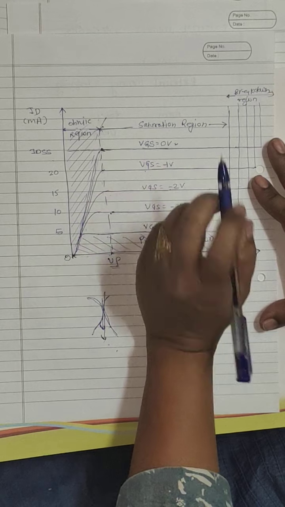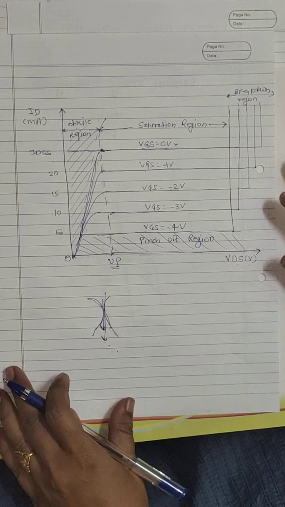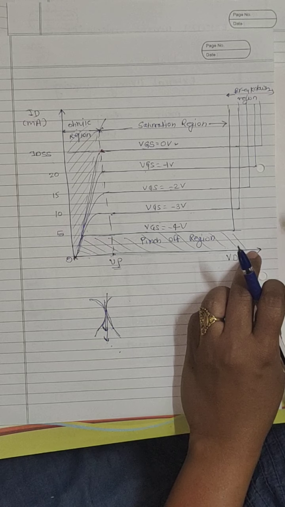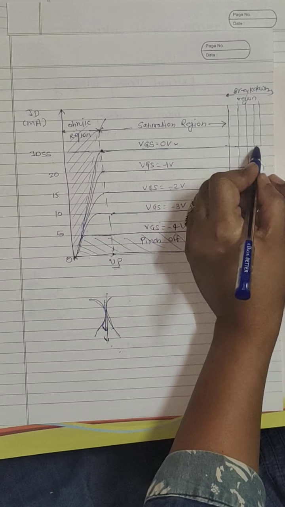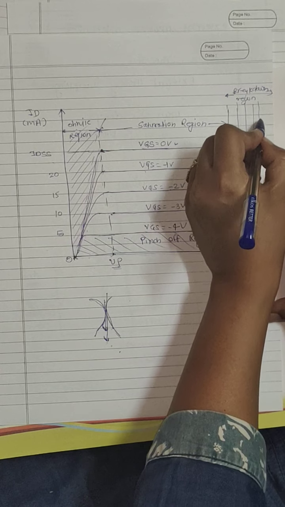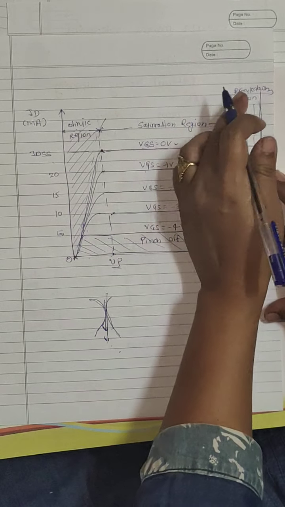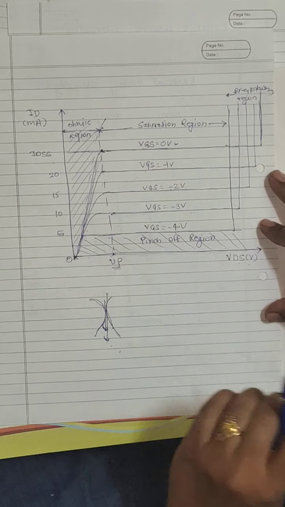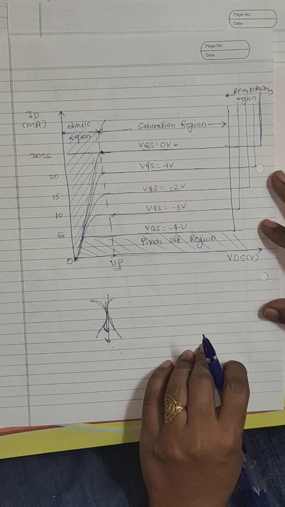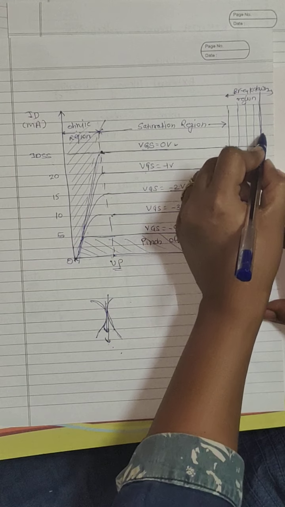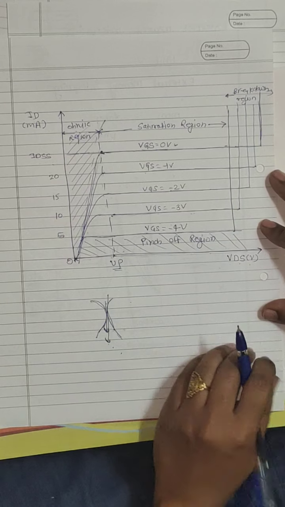If we increase the VDS voltage again, breakdown will occur and an uncontrolled large current will flow in the FET. This is called the breakdown region. This is the characteristics when the gate voltage is 0.